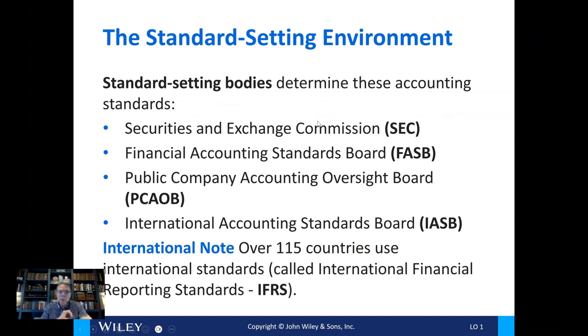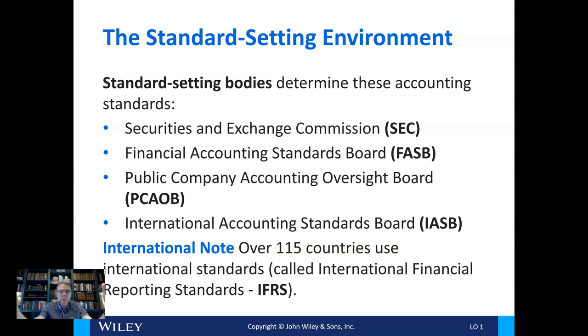Now, for a public company, if you want to become a public company, and all public companies are C corporations, then you have to go through the Securities and Exchange Commission and you must follow their rules and regulations. So the Securities and Exchange Commission is the overall body to determine how you should act, what types of statements you should produce.